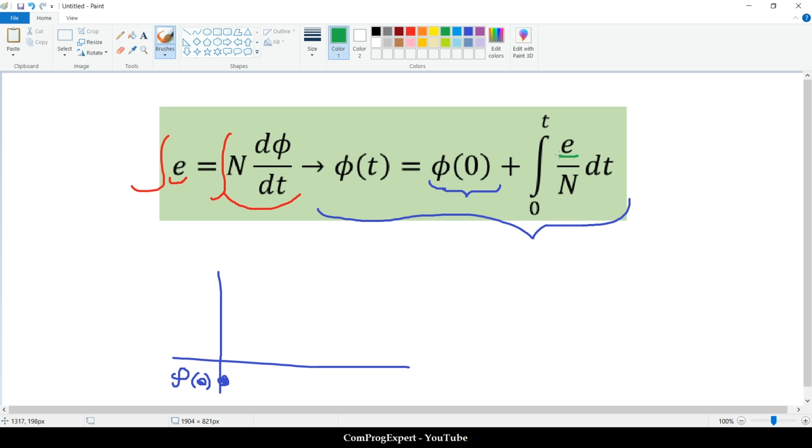As long as the induced voltage is positive, we have an increase in the value of the flux, and we can calculate the phi max right here, not the exact value, but the difference between phi max and phi 0.